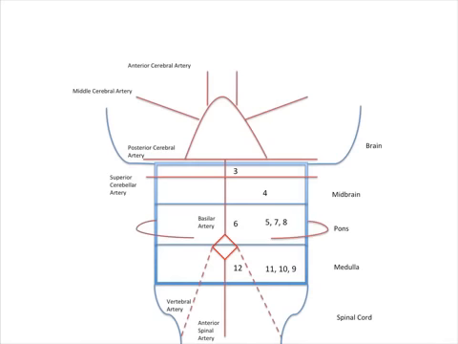Then we also have to add in the 2 other sort of looping arteries in this drawing, which is first the anterior inferior cerebellar artery, which wraps around the pons, supplying the lateral portions, and then the posterior inferior cerebellar artery, which is going to supply the lateral parts of the medulla.